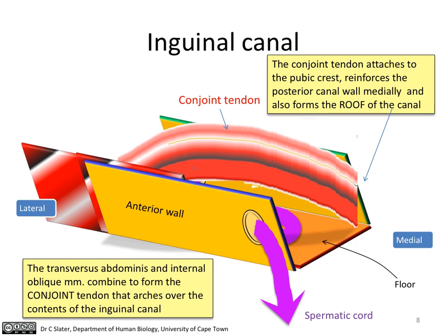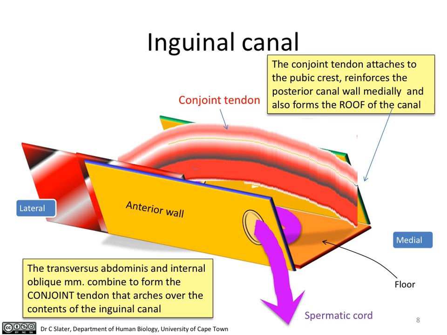Now, in this diagram, we see how the roof of the inguinal canal is formed. Situated here, we can see the transversus abdominis. That's the deepest of these three anterior abdominal wall muscles. And then a little bit more superficial to that is the internal abdominal oblique.